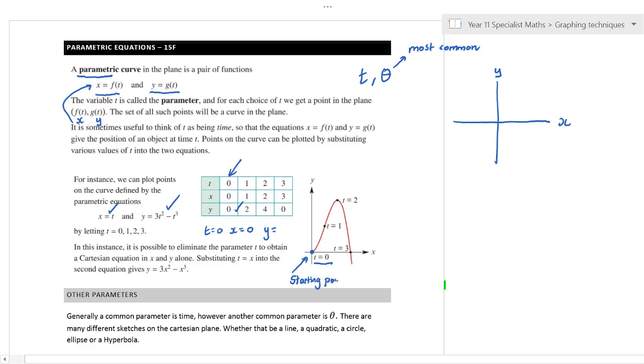We've just found the x and y coordinates, but we haven't found a relationship between them. You can see we've got this curve. What does this curve look like? It sort of looks like a parabola, but it could be something else.